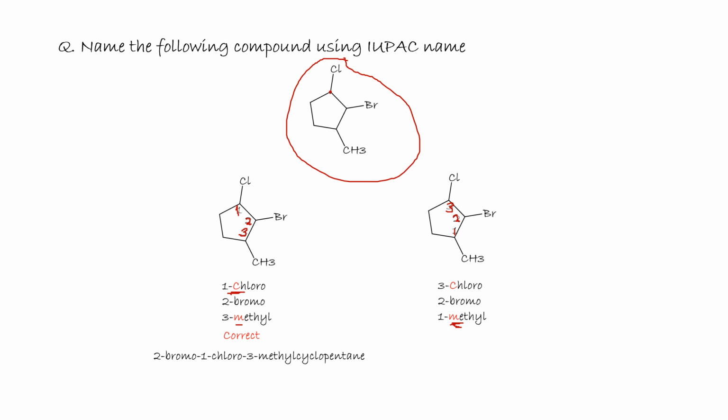Of course, C. So this will be the correct one. When we write the name, we put them in alphabetical order. B comes first, 2-bromo first, then hyphen 1-chloro, 3-methyl, cyclopentane. 2-bromo-1-chloro-3-methylcyclopentane.